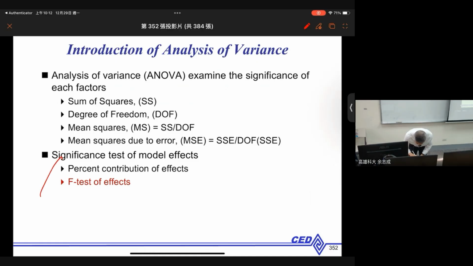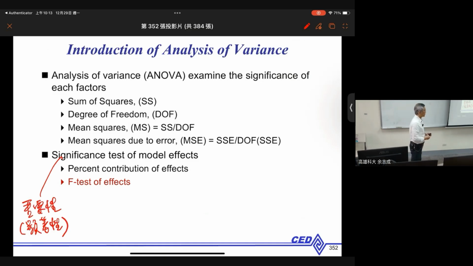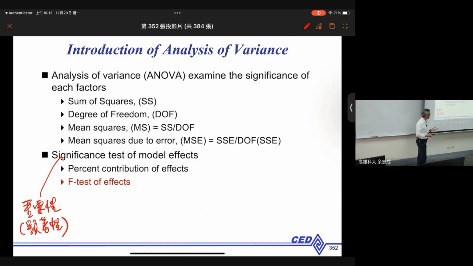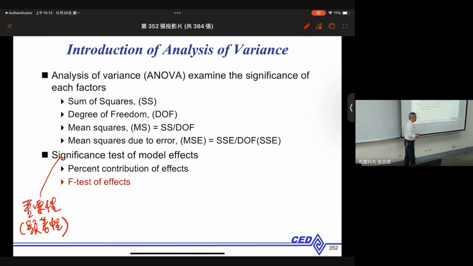In Taguchi, he proposed a method called percent contributions, or contribution percentage, to estimate how important or how significant each effect is. But in traditional experimental design, they use the F-test. Depending on how much time we have, if I have more time, I will talk about the F-test. Otherwise, we just talk about contribution percentage as a tool to estimate how important each factor is.